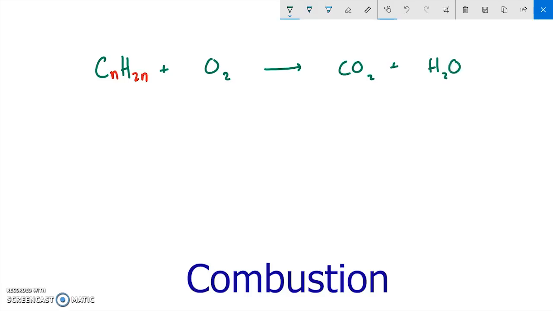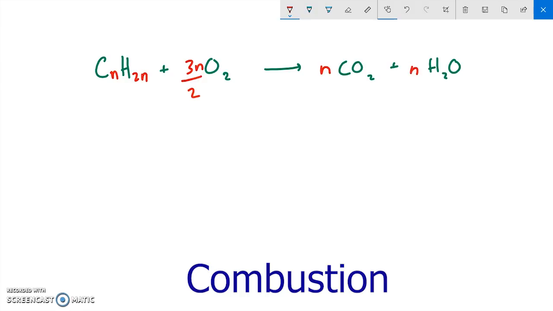So whenever a complete combustion occurs, the formula that we can use is CnH2n plus 3n over 2 oxygen, which resulted into n number of CO2 and n number of H2O.